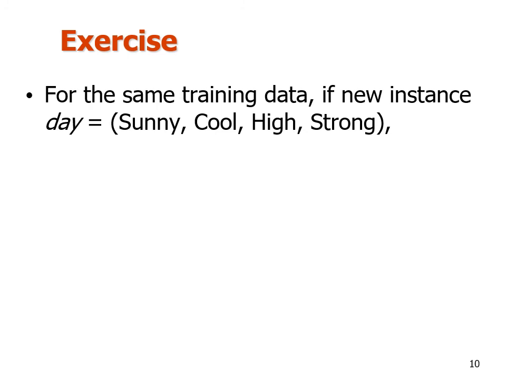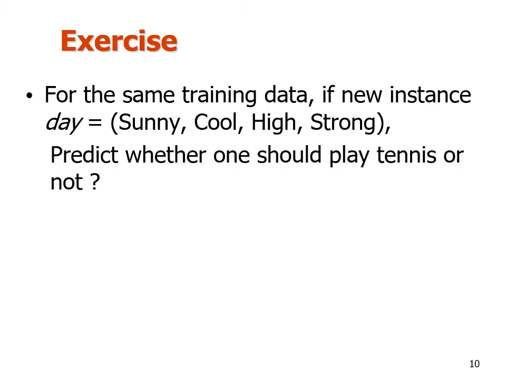Use the same training data, and if the new instance day is equal to sunny, cool, high and strong, predict whether one should play tennis or not. So this is just for the practice, and I hope you can find out the answer for the question.